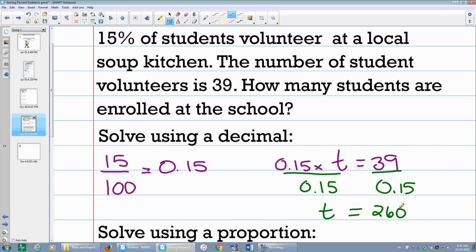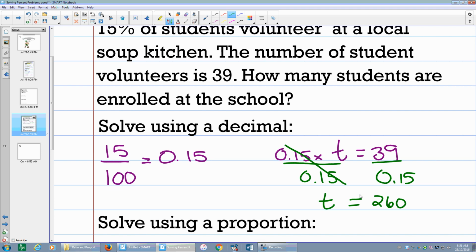So what happens when I divide by 0.15? They cancel out. So I'm just left with t on my left-hand side, and 39 divided by 0.15 is 260. So it's saying 260 students are enrolled at the school.